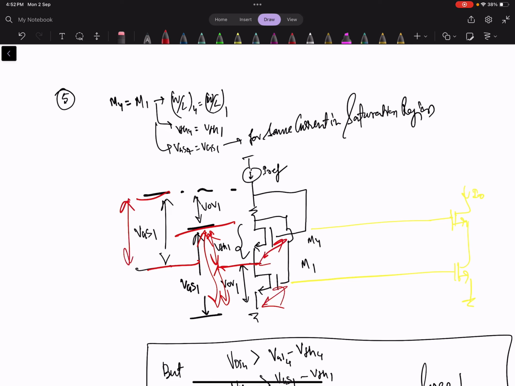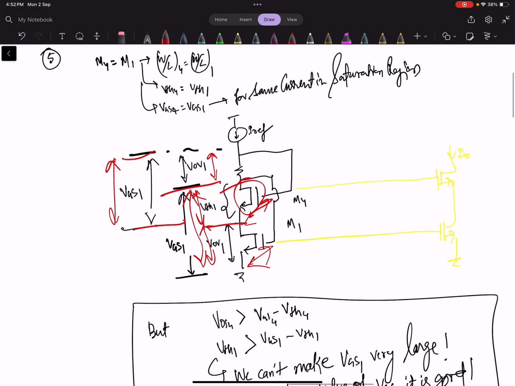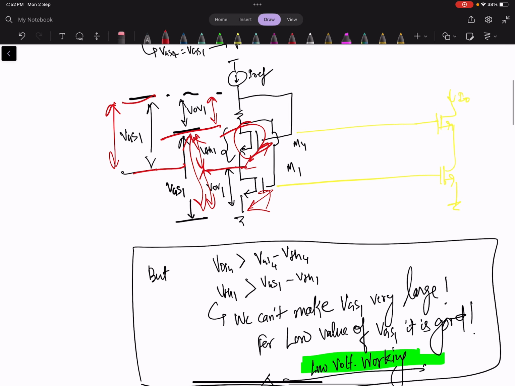In that case, this will be the overdrive voltage of M1. So let's see our condition of saturation here. For M4 to be in saturation, the requirement is VDS should be greater than the overdrive voltage of this. And if you see, VDS4 is VTH1.